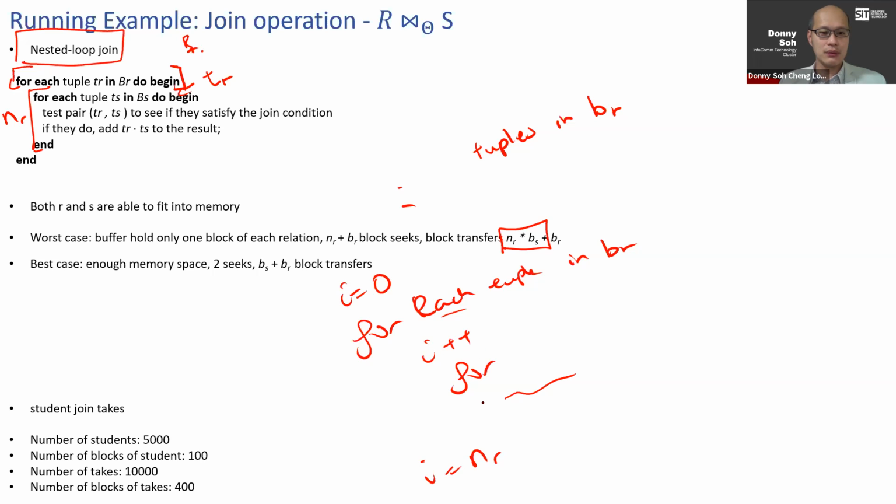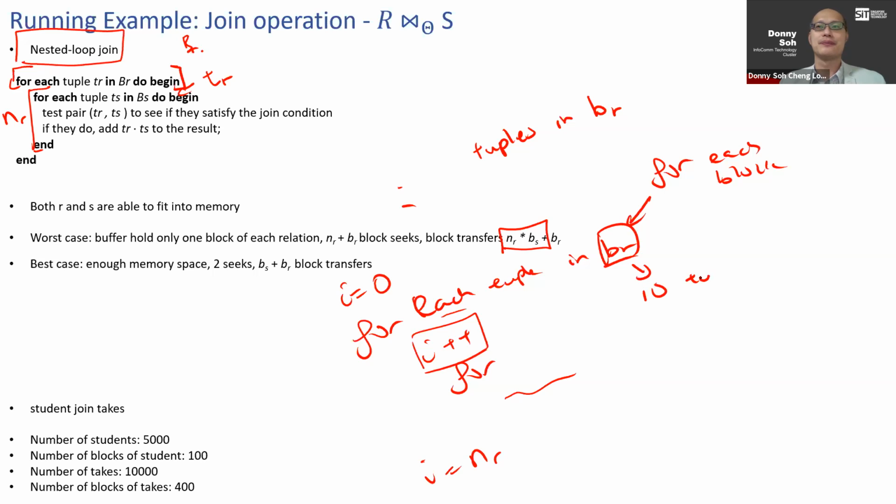So it is here. By right, this will run for each block as well. So you see, let's say in each block there are 10 tuples, so I will be equal to 10.